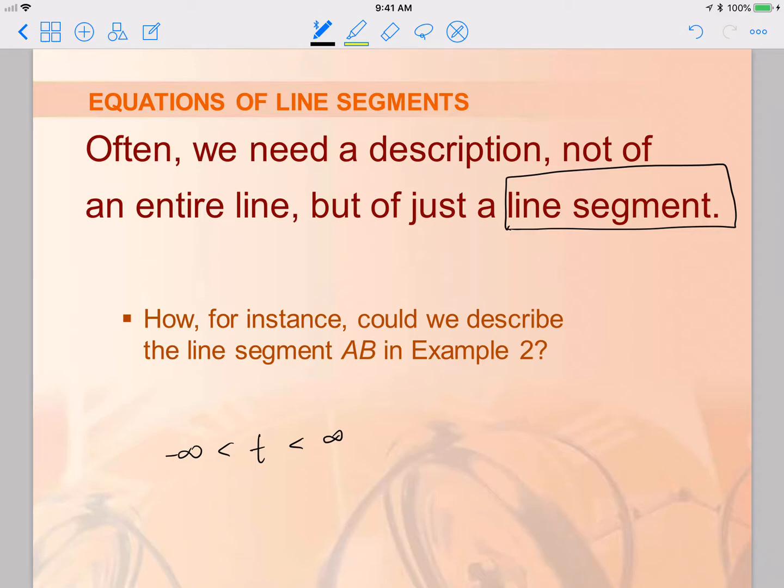If you just want a line segment, then you could restrict, so you could say, I just want t to be in between 0 and 1, or I just want t to be in between negative pi and pi, right? By restricting t, the result will be a line segment, just part of the line. If you wanted just a ray, then you might choose t to be greater than or equal to 0, or some number.